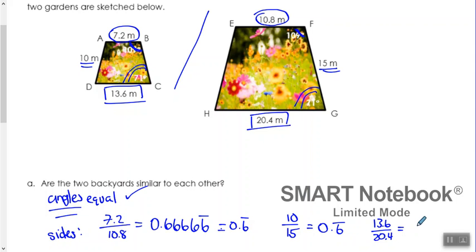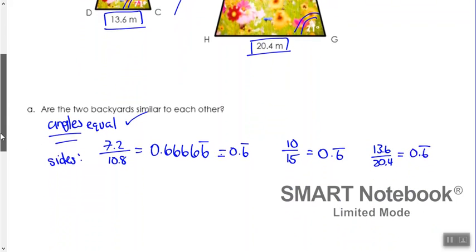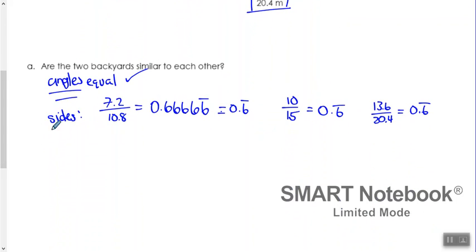Divide those two numbers, and once again, you get 0.6 repeating. So taking a look, our sides all have the same ratio, so our sides are proportional. So another check. So the backyards are similar.